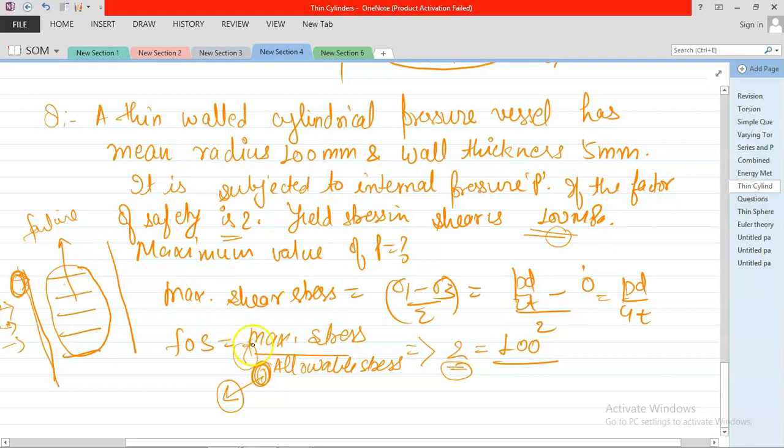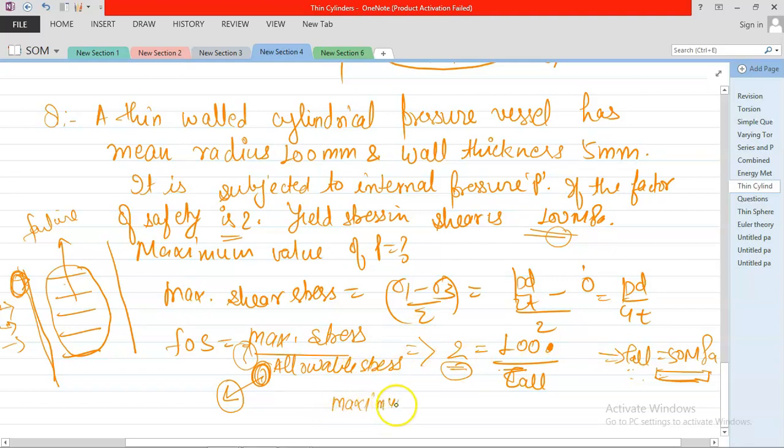Allowable stress, in terms of shear, we write as tau allowable. So your tau allowable is 50 megapascal. I don't want to go above 50 megapascal, although I can go up to 100, but this would lead to machine failure. So I would like to go only up to 50 megapascal. That is the meaning of the allowable.